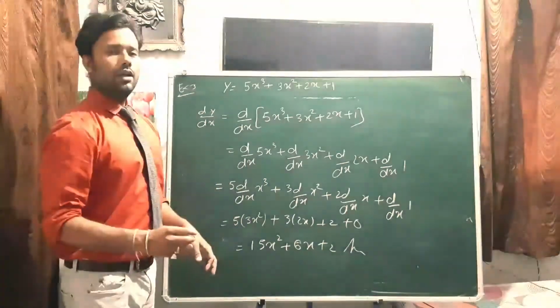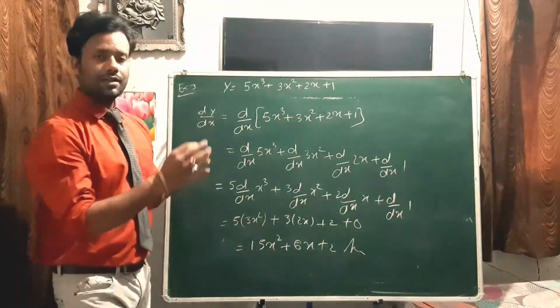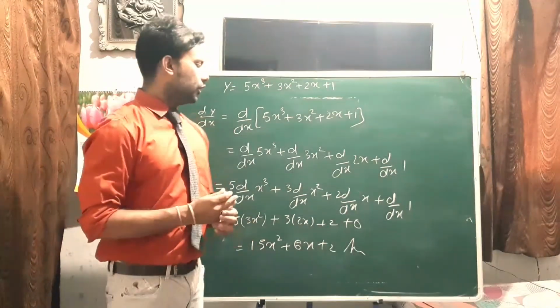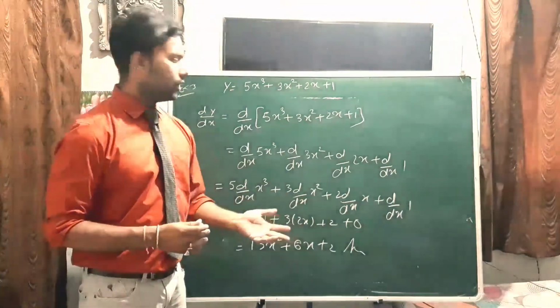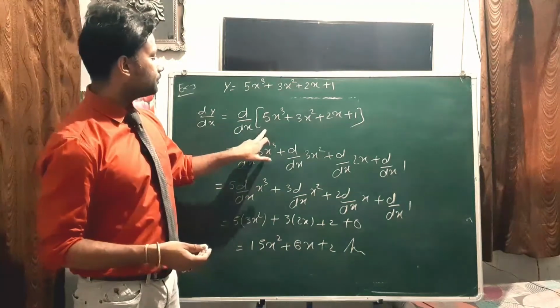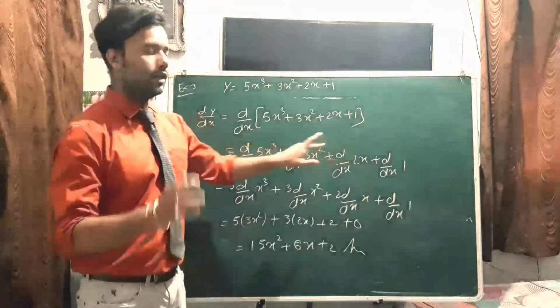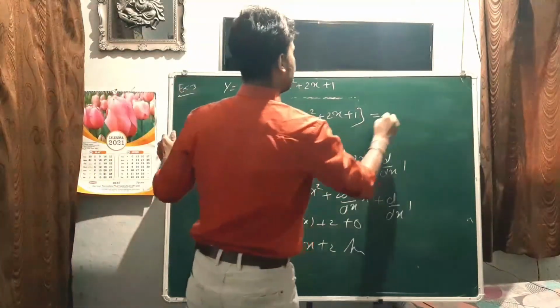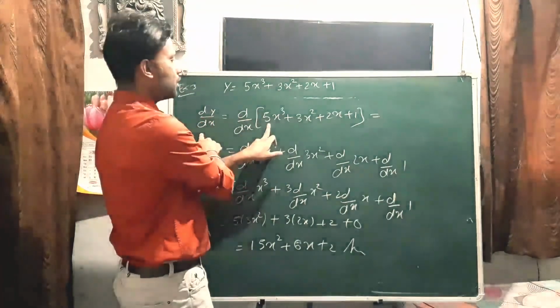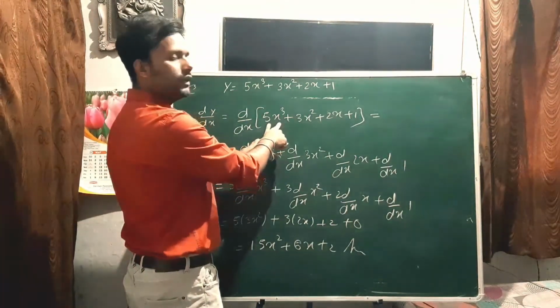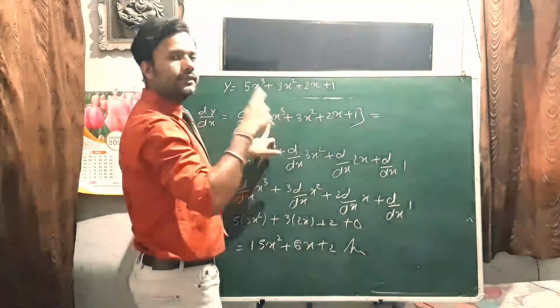See, once you understand this method, you don't have to do it so long. You can directly solve from here only. See here how. 5 taken outside, the differentiation of x cube will be 3x square.